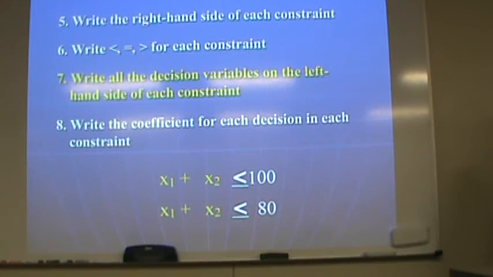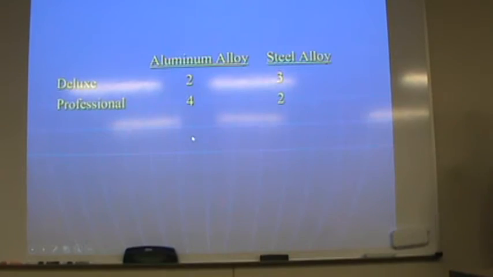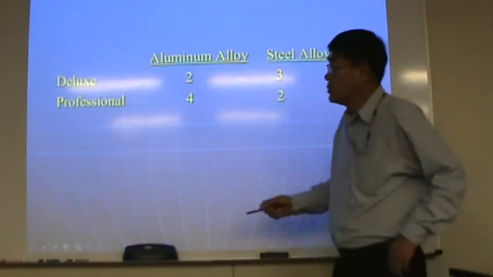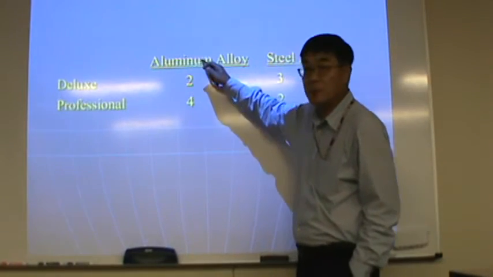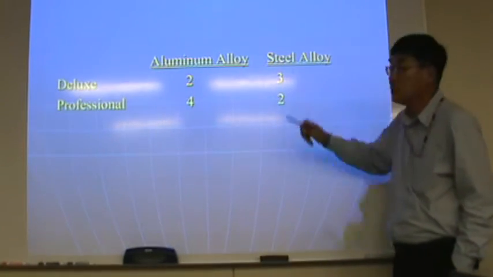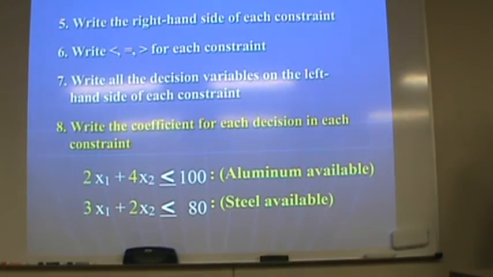Okay, next, write the coefficient for each decision variable. To produce deluxe X1, we need 2 pounds of aluminum alloy and 3 pounds of steel alloy.